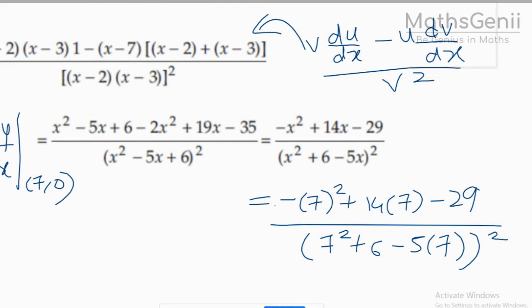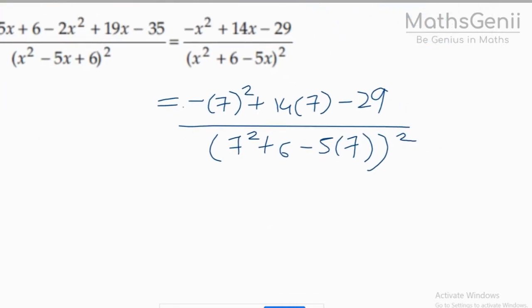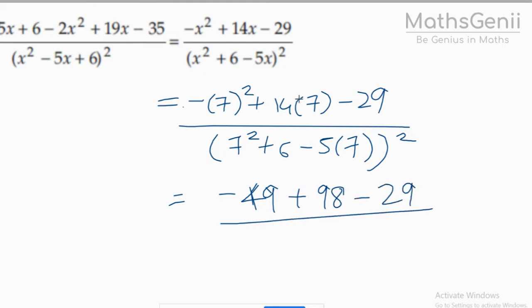Okay, now when you solve this further, what you will get is minus 49 plus 98 minus 29. Then again, when you expand this bracket, you will get 20. 20 square will give you 400.